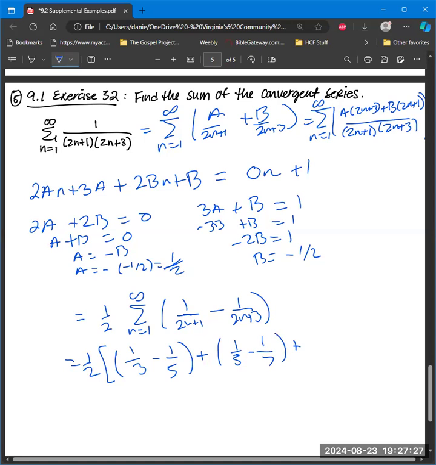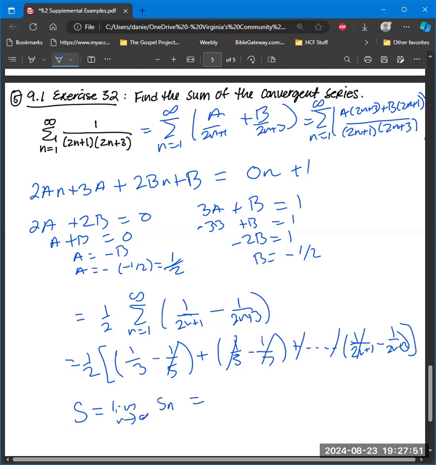And we see the pattern here. So keep that going to 1 over 2n plus 1 minus 1 over 2n plus 3. Close that up. So that one will cancel with that one, and that one with that one, and this one with this one. And S is going to be the limit as n goes to infinity.